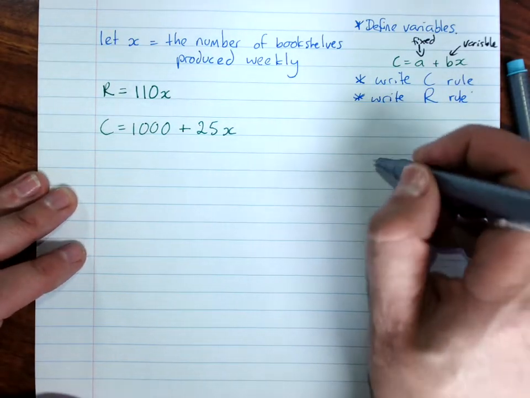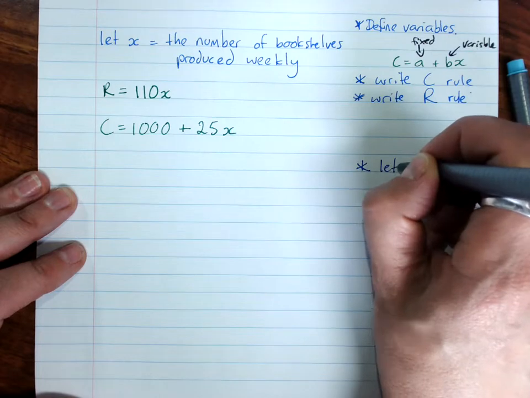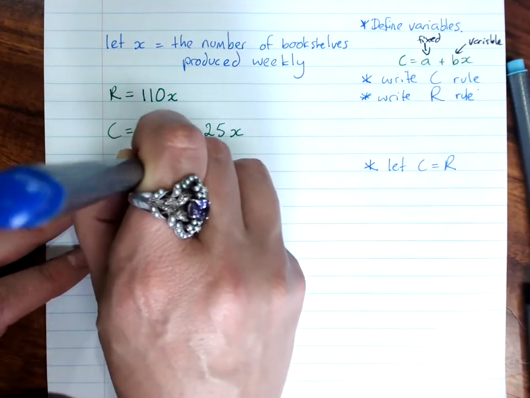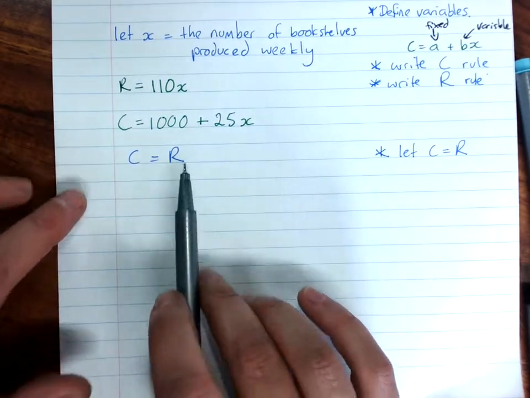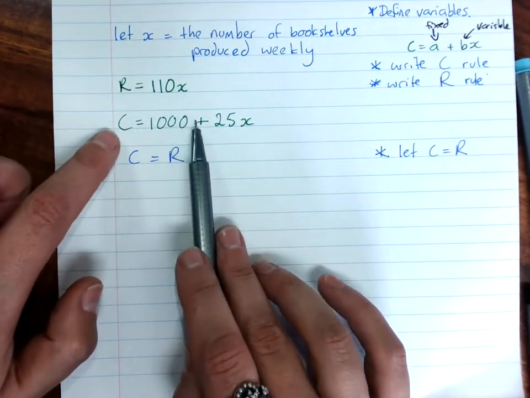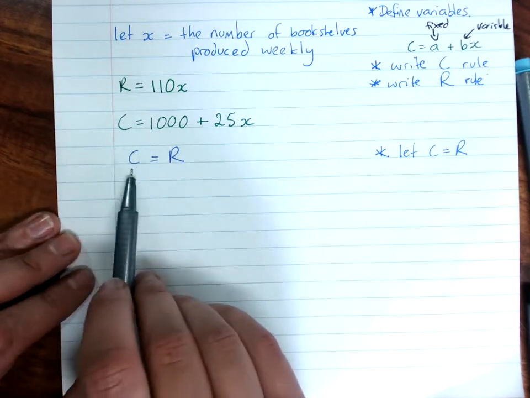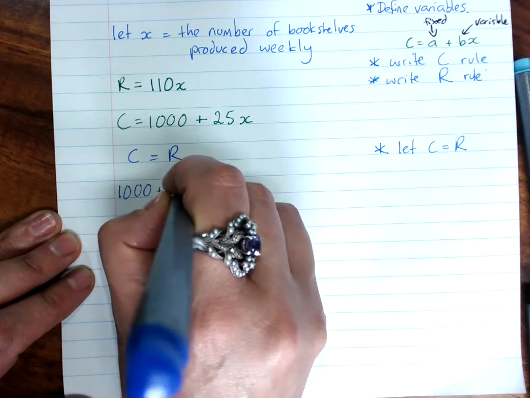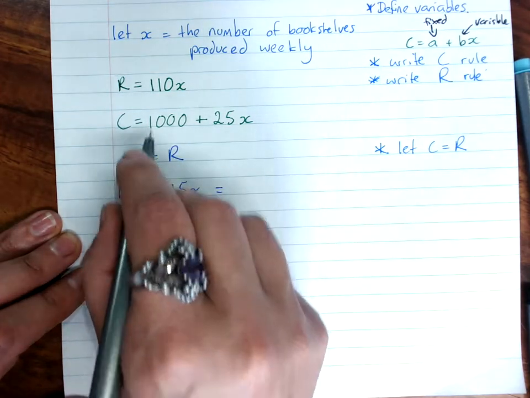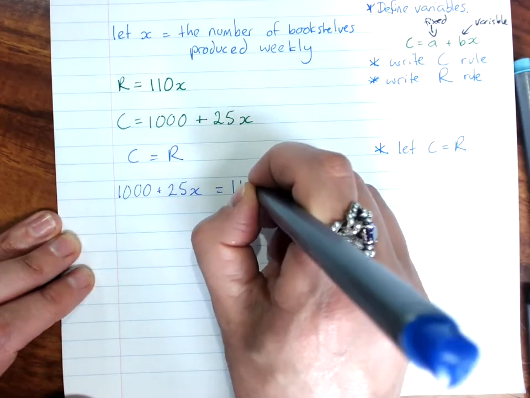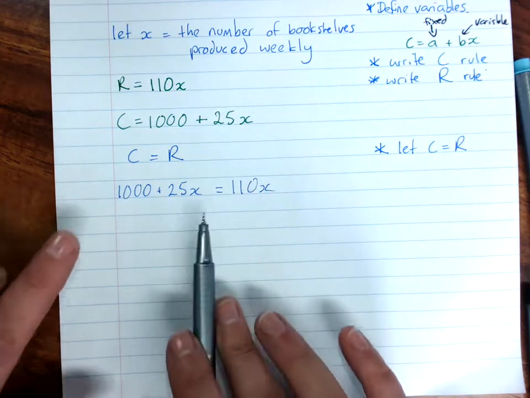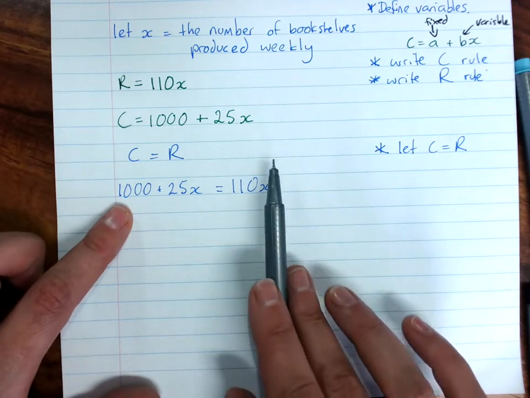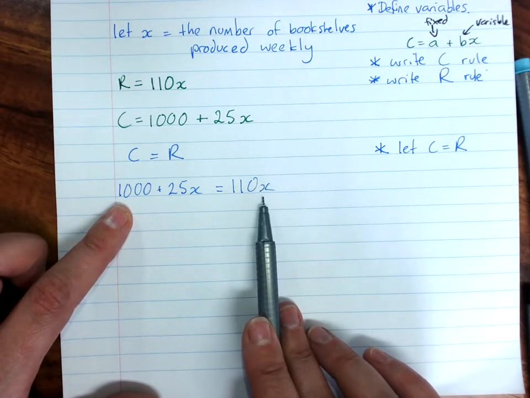So we let C equal R. And we say that C equals R, and we're solving this equation. Put your cost equation on one side, and that equals R, your revenue equation. And this is a pair of simultaneous equations which we'll solve to find out what X is.